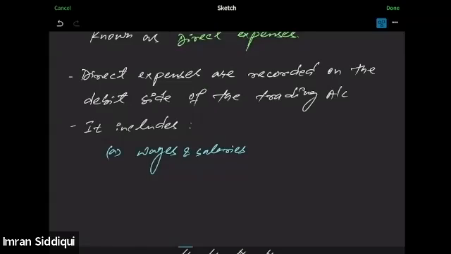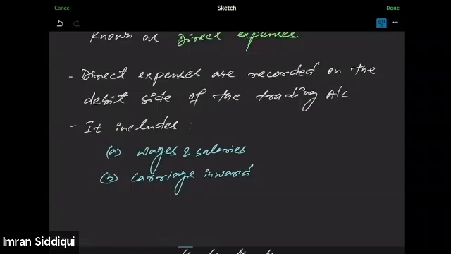Then apart from wages and salaries, we have other expenses as well, like expenses incurred on carriage. Carriage means bringing the raw material from the market to the factory. That is called carriage inward. All right. So carriage inward will be considered as a direct expense.